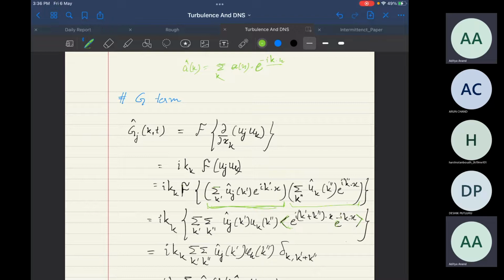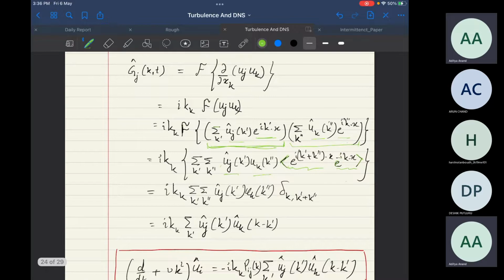So look carefully at what has happened here. You have these summations over k prime and k double prime. I've taken the product of uj and uk, so these are here. Your two exponential parts are here, your e to the i k prime plus k double prime dot x, and this extra part is because of the Fourier transforming operation. Now we'll look at this part itself.